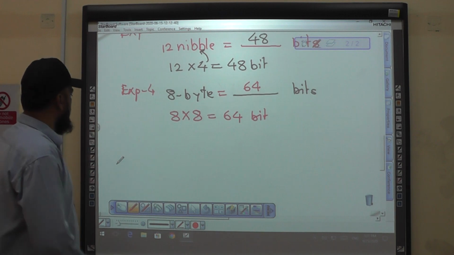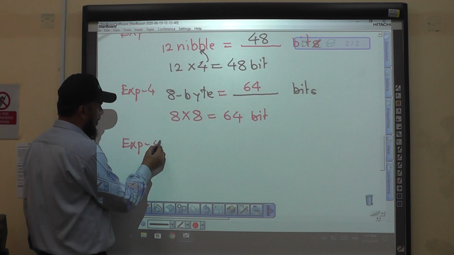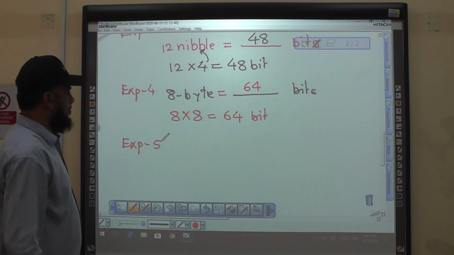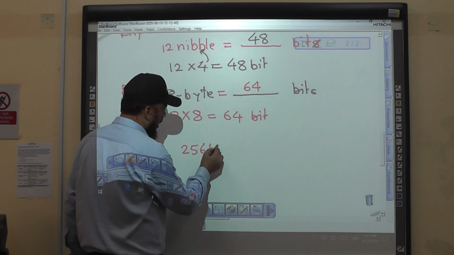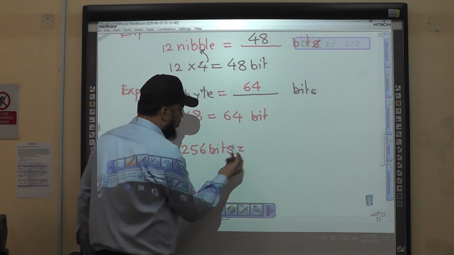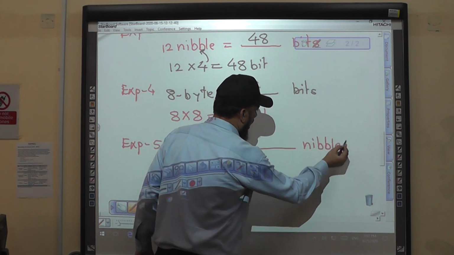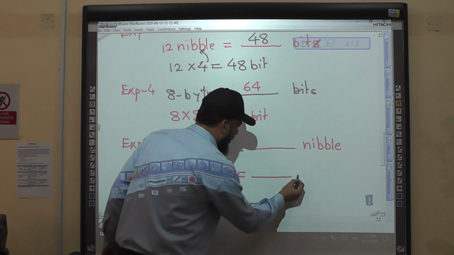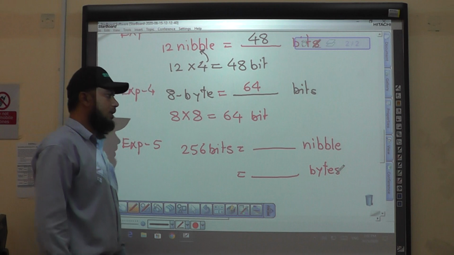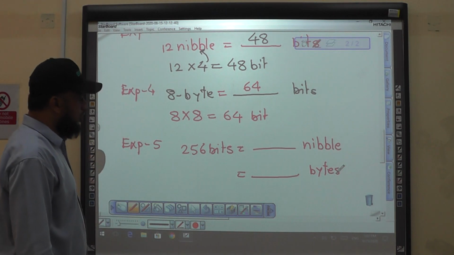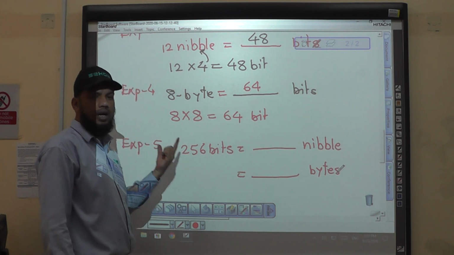Another type of question is 256 bits equal to how many nibbles or how many bytes? So how can we find out the number of nibbles and the number of bytes here for 256 bits?